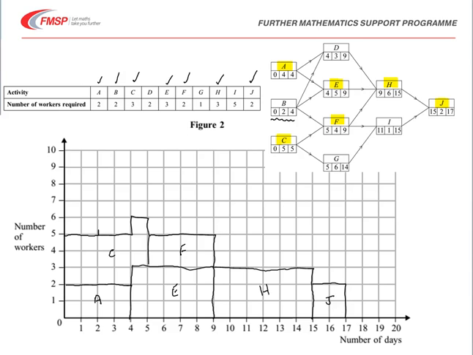So B can go in from this position here, and that's B. Moving on our table, we've got D next to look at. D can start as late as day 6, so it starts at this position here and takes 2 workers again, so it's 2 workers starting at day 6 and going on for 3 days.